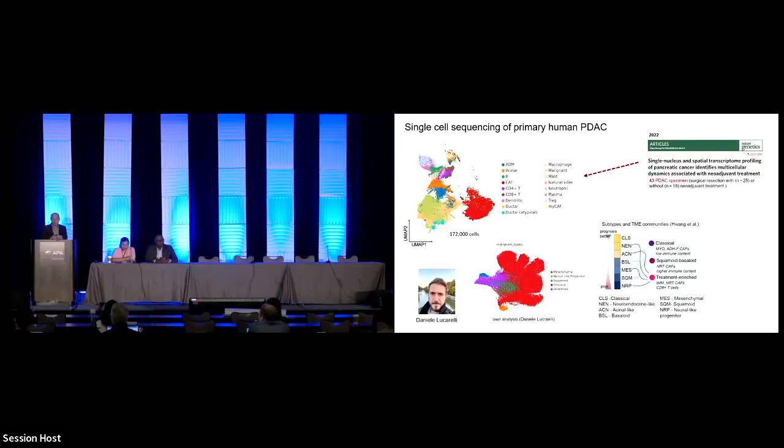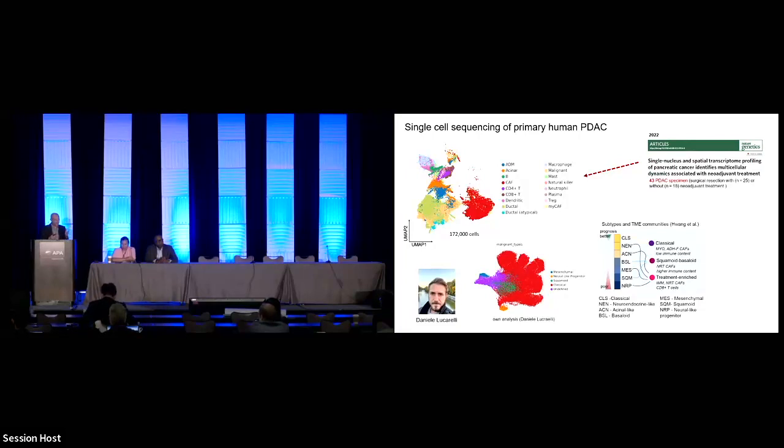Last year, there were several really outstanding papers that characterized human pancreatic cancer at a high level. What we did, and that was done by Daniele in my lab, was reanalyze the data. This is a paper by Tyler Jacks and Aviv Regev. They analyzed 43 human patients that underwent surgical resection.